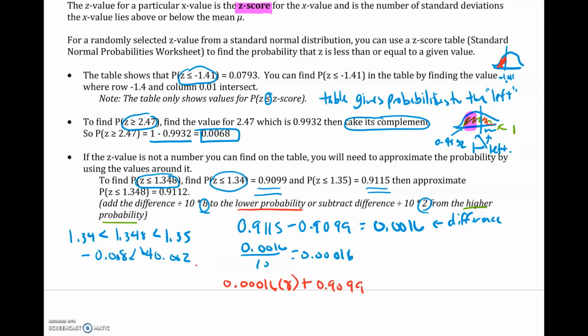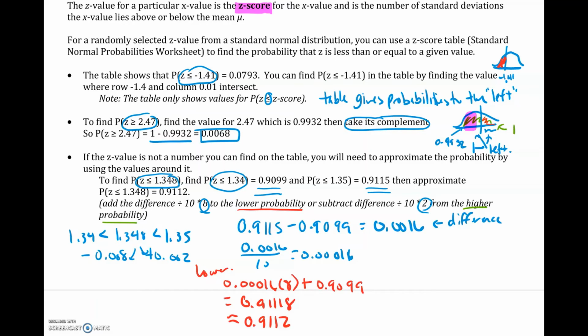So again, this is the lower probability. Okay, so what I get from that is 0.91118, which, if we're rounding it to the nearest 10 thousandths, would be about 0.9112, just being consistent with what the z-score table tells us. Now, if we want to do the upper bound, you can get the higher boundary.